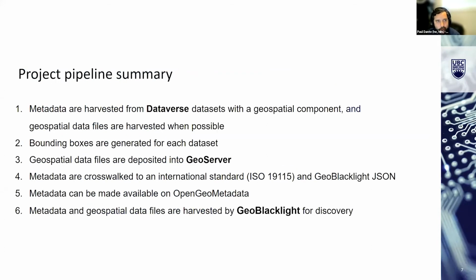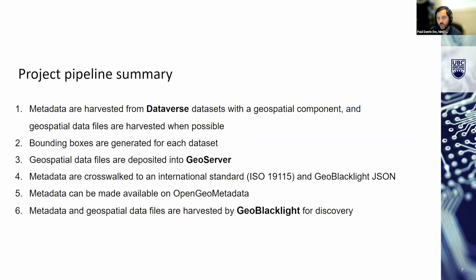Here's a quick summary of the pipeline. We pull in metadata and, if they're available, geospatial files. We try to get bounding boxes either by generating them through GDAL or through processing the metadata. The geospatial files are then converted to one of those 2 formats I just said and put into GeoServer.